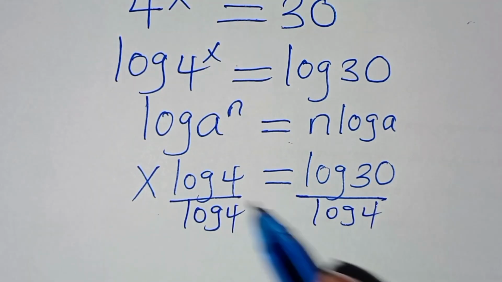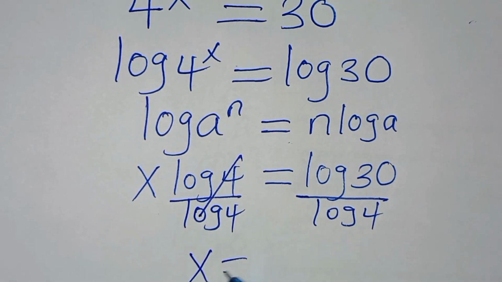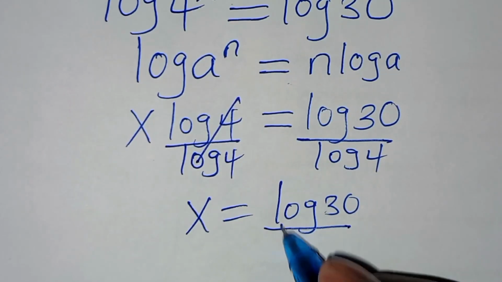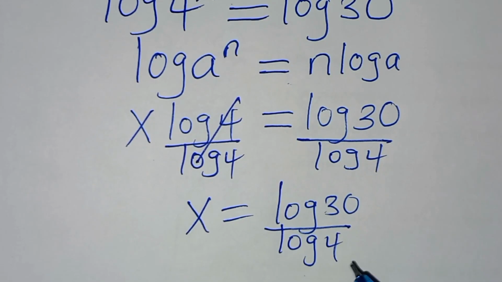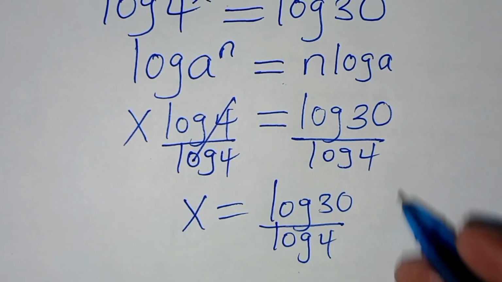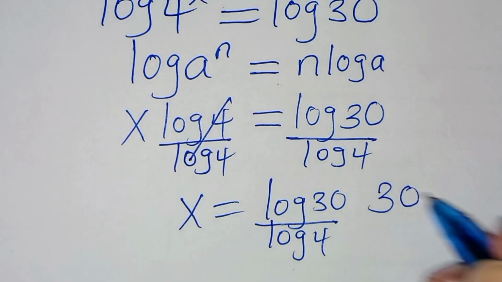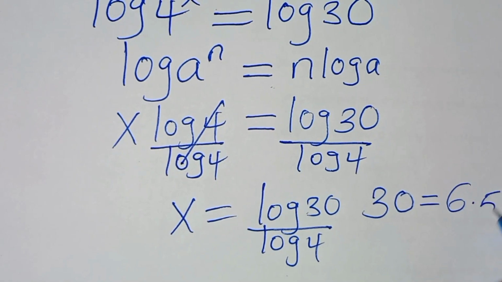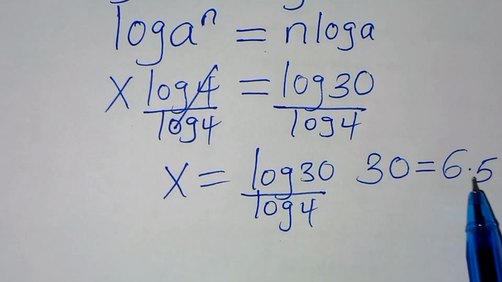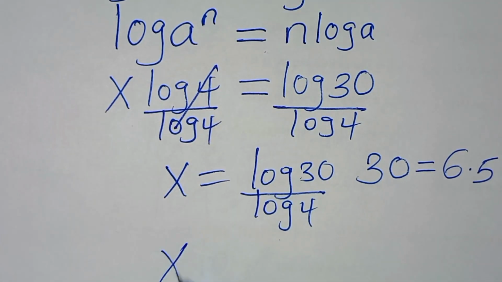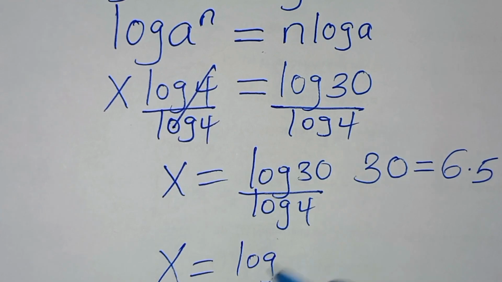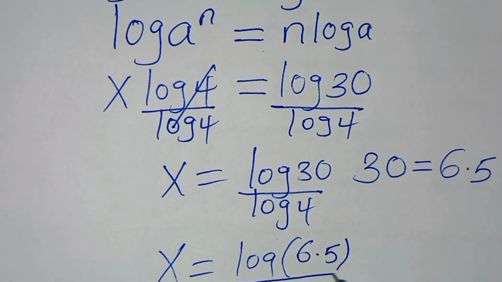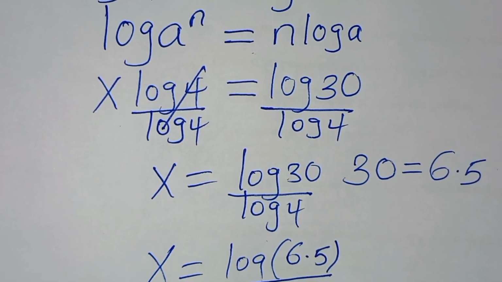So now we will have x is equal to log 30 divided by log 4. So let's proceed to simplify this. We have 30 can be expressed as 6 times 5. So substituting this, we'll have x is equal to log 6 times 5 divided by log 4.